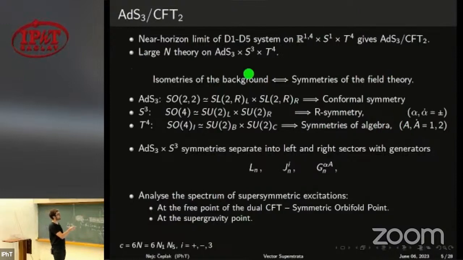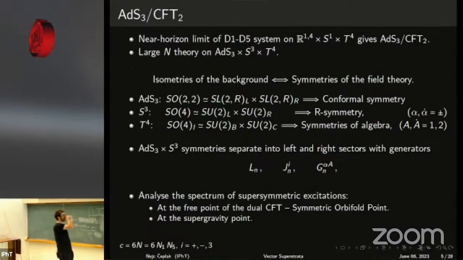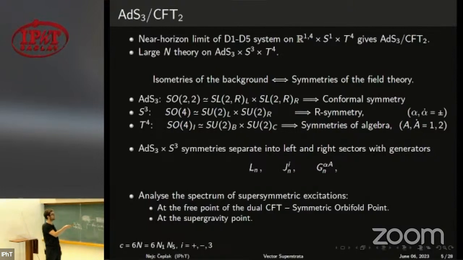So for example, the isometries of AdS3 become the conformal symmetry. The isometries of S3 become the R symmetry, and associated to those will be indices A and Ȧ. This will be important later when I have some arguments why certain states are related to vectors. And the T4 symmetries also become symmetries of the algebra, and the A and Ȧ indices are related to the T4 symmetries.